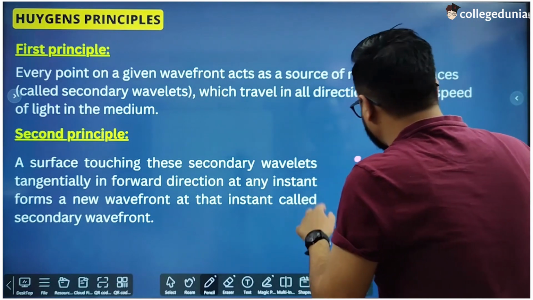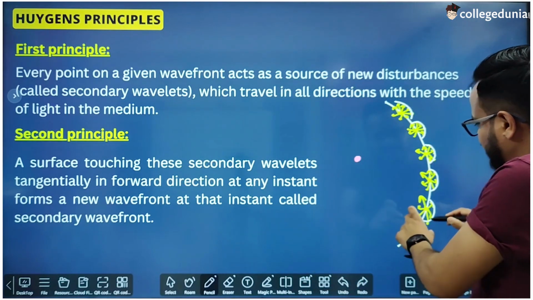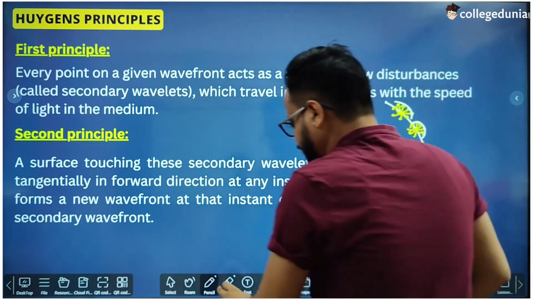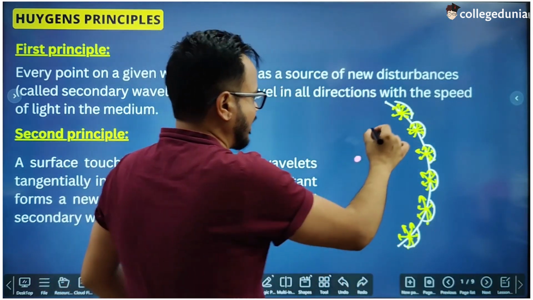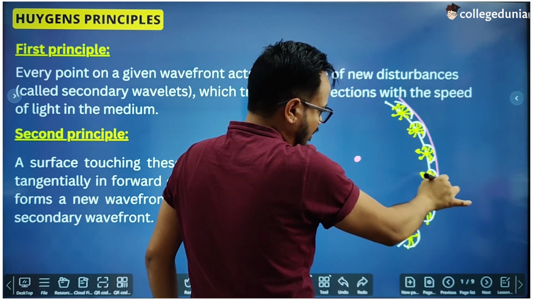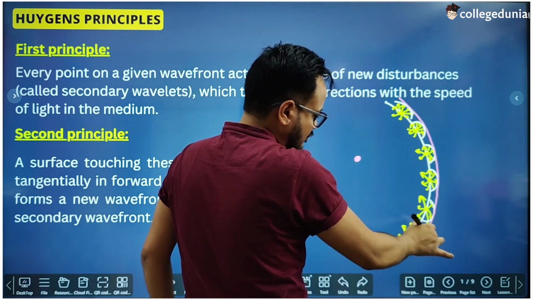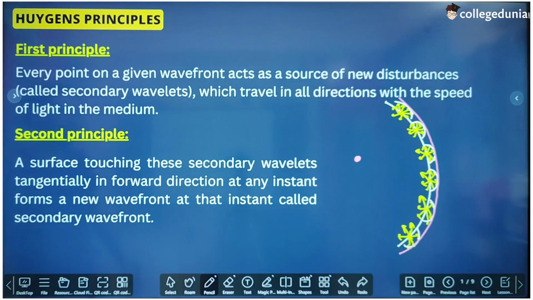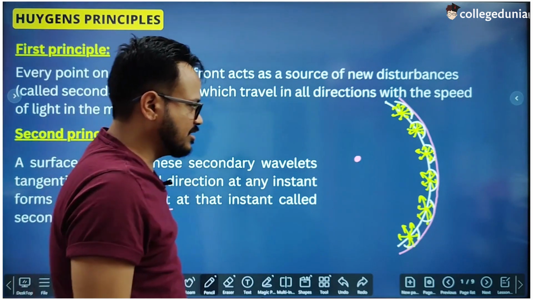So a surface touching all these secondary wavelets tangentially in the forward direction, a surface like this, a surface touching these secondary wavelets tangentially in the forward direction at any instant gives a new wavefront at that instant, right?